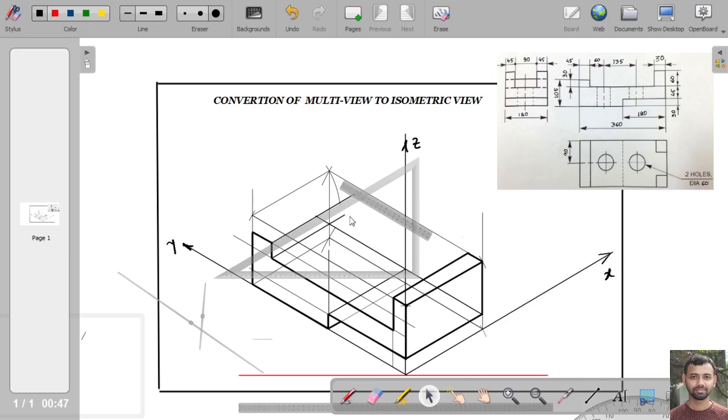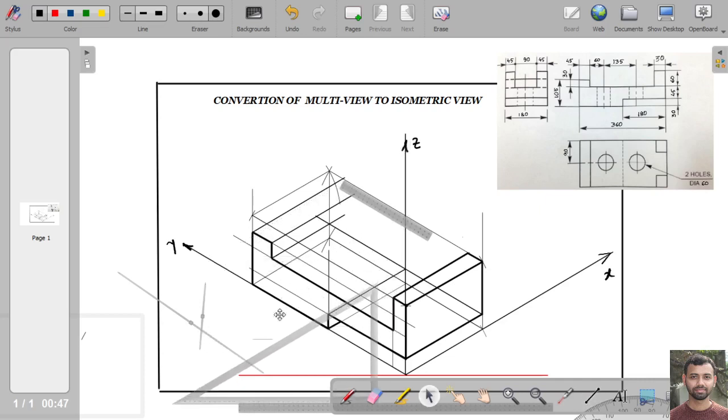Okay, then this part. Okay, so these are the parts.